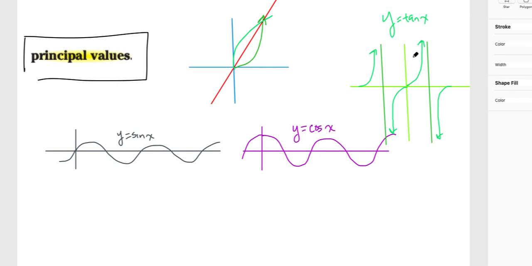None of these functions that we've been discussing are one-to-one. And so when we deal with the trigonometric functions, we need to consider principal values. For instance, if I were to do the inverse sine of, let's say, 1/2, I'm only going to get one answer, though sine will equal 1/2 infinitely many times along the curve.